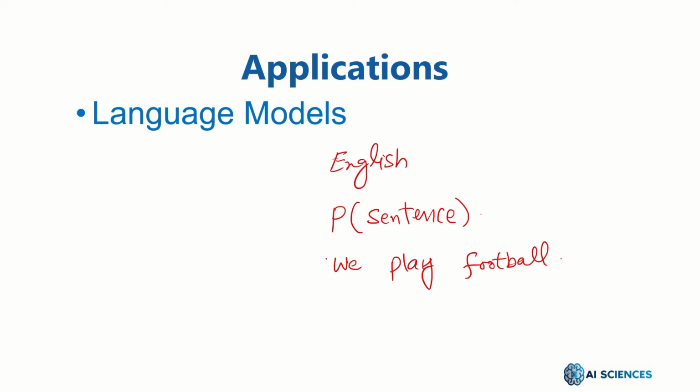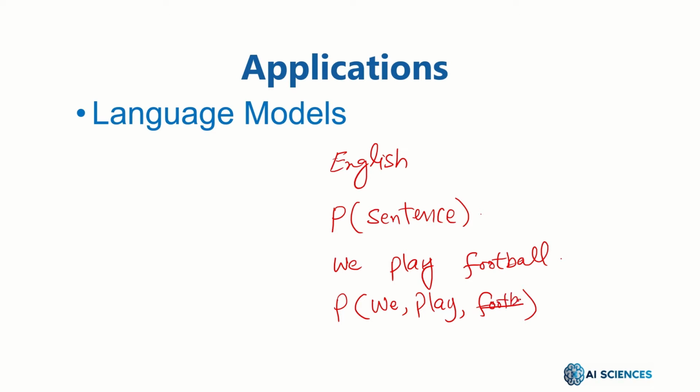Now the goal of a language model basically is to come up with the likelihood that given we and given play, what's the probability that the next word is football, or what's the probability that we play football?